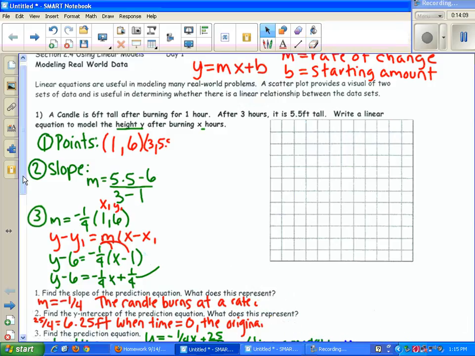Okay. So we always want to label our x and y axes. So remember, x is going to stand for the number of hours, and the y stands for the height in feet.